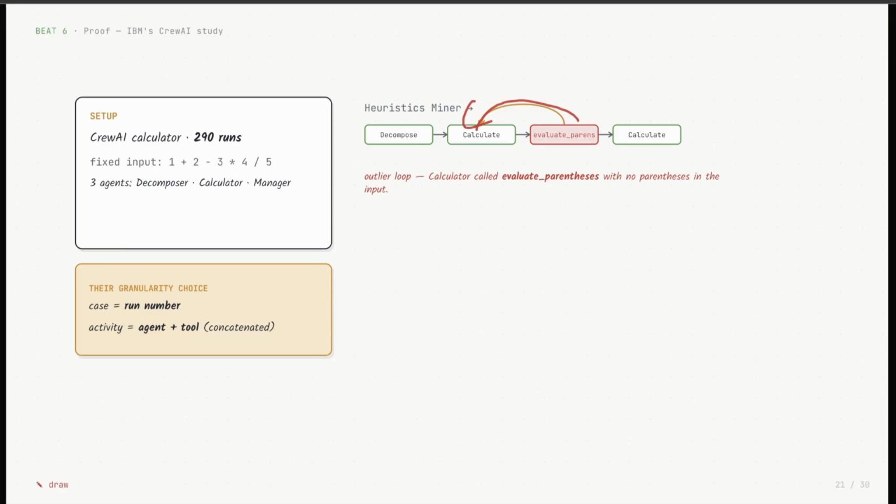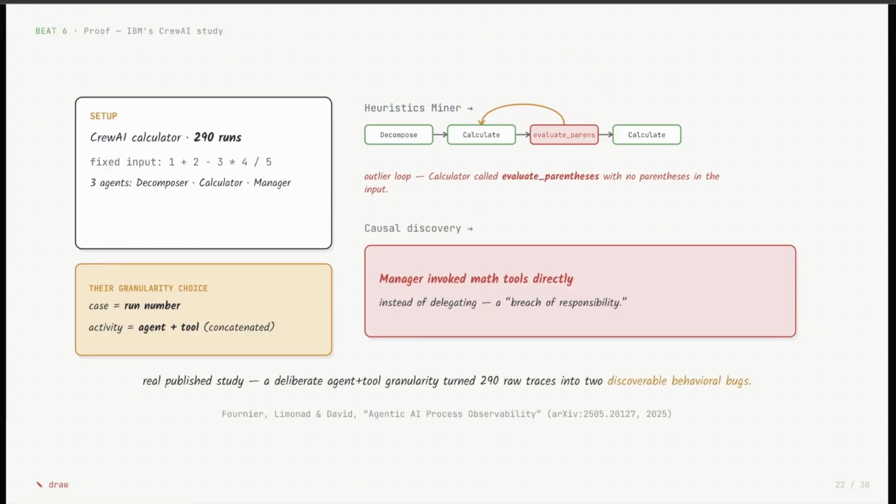On some runs, the calculator agent invoked an evaluate() tool. So which means here, what happens is that actually a tool fired when it should have never fired. And actually there was another issue that their causal discovery view caught, a second bug.